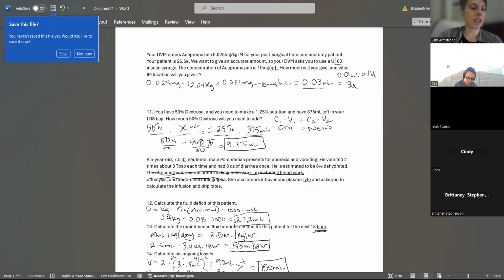Super hard? Or easier? I always convert whatever I need, what I'm trying to get, to mgs per mL, and then multiply it by how much fluid I have and then divide by the original concentration. So you would have taken that 50% and changed that to mgs per mL, being 500 mgs per mL.